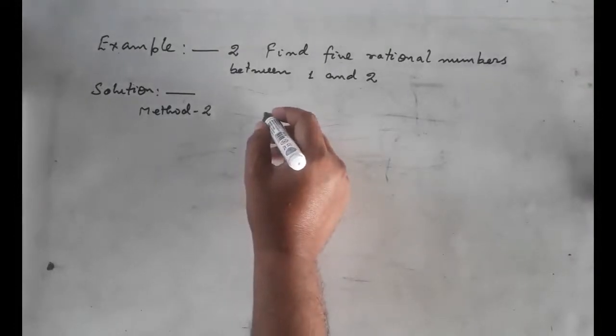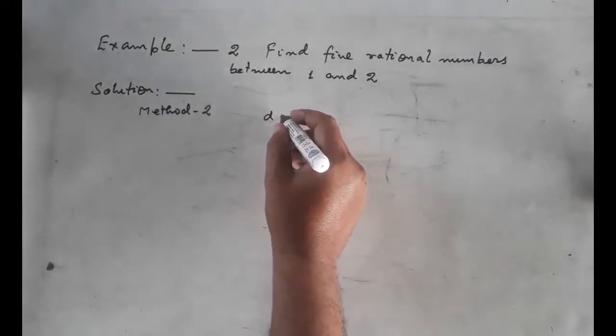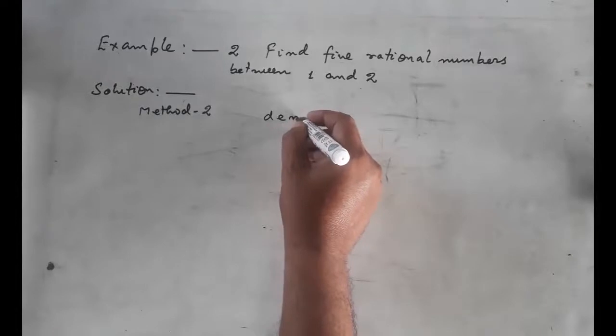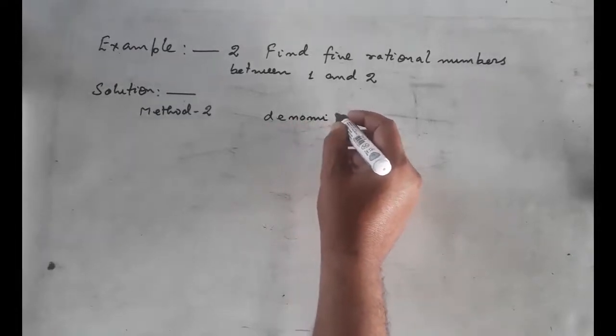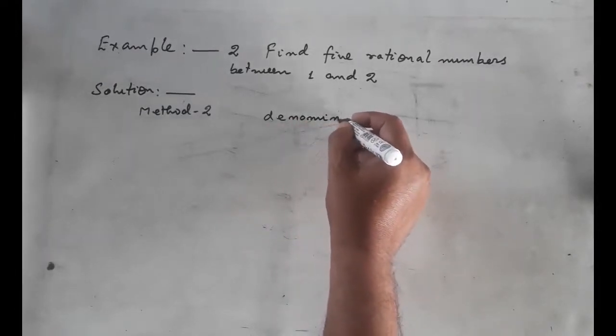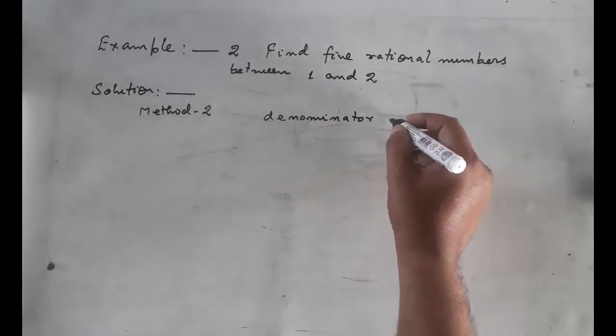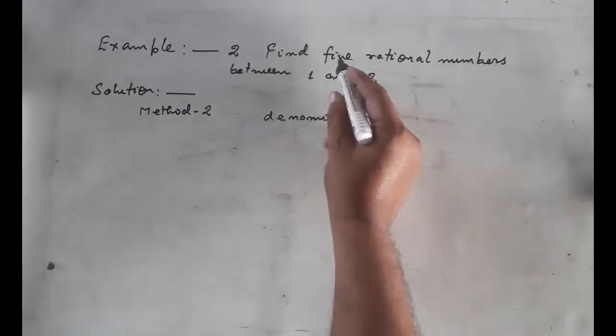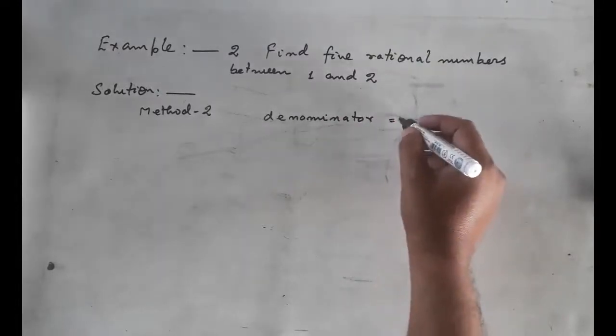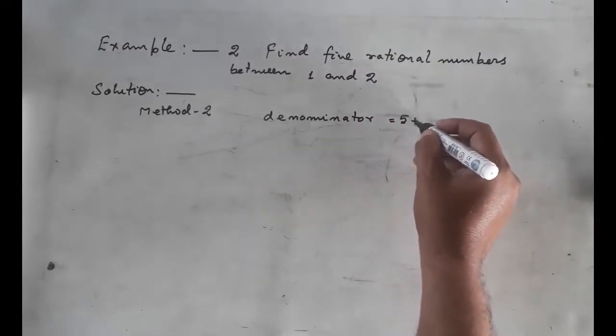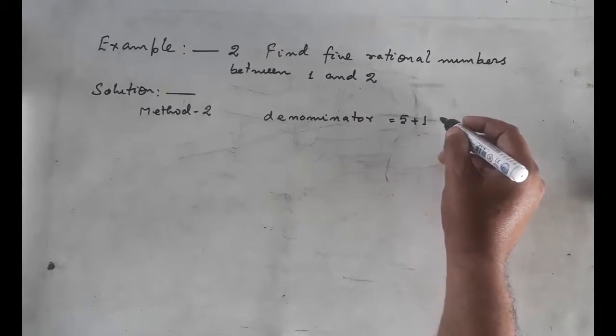Then the denominator will be, we have to find 5 rational numbers, so the denominator will be 5 plus 1, that is 6.